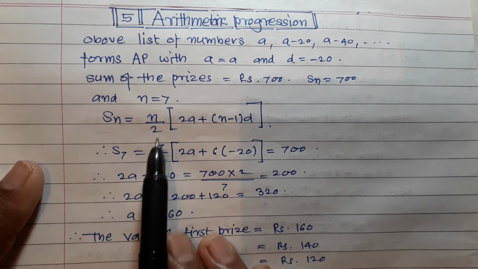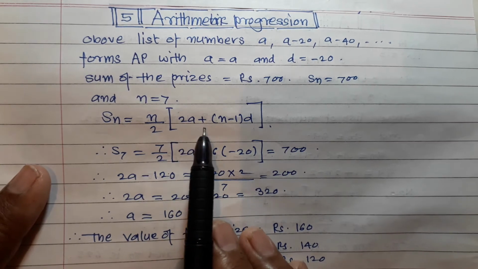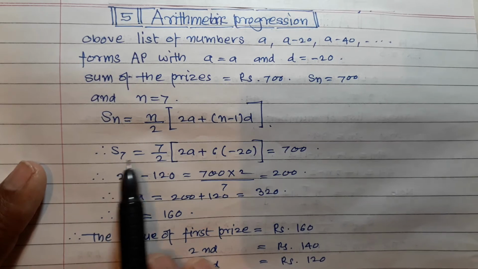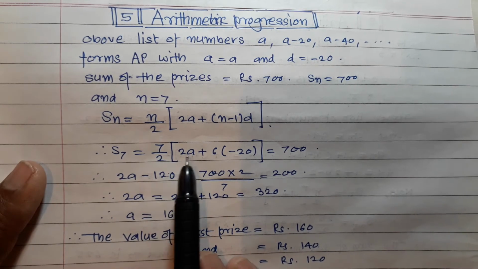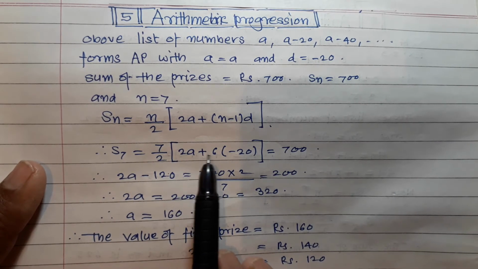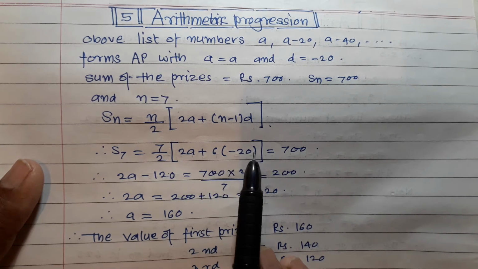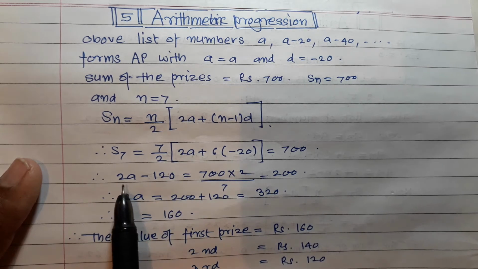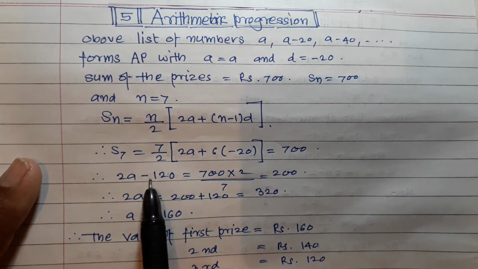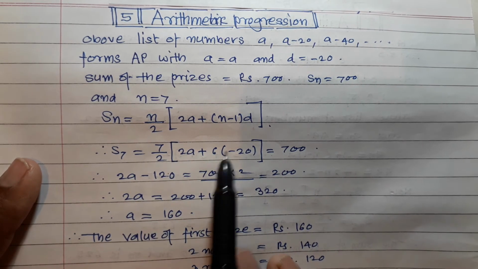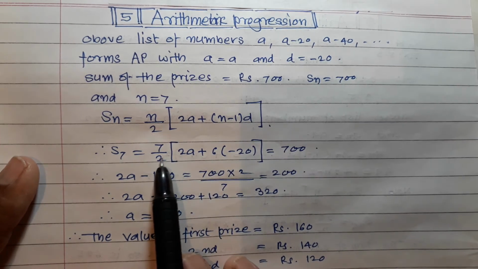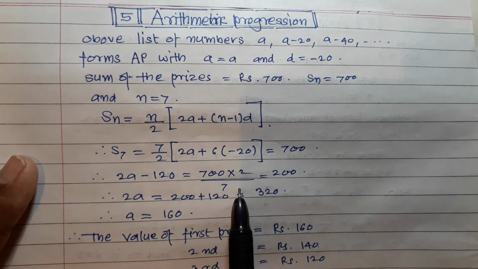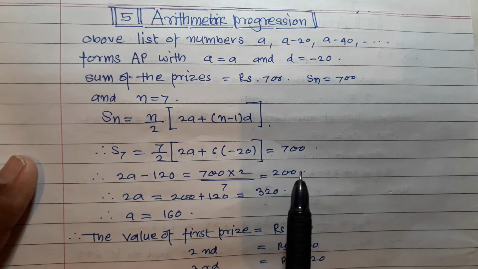Sn is equal to n upon 2 into (2a plus (n minus 1) into d), and therefore S7 is equal to 7 upon 2 into (2a plus 6 into minus 20) is equal to 700 given, and therefore 2a minus 120 is equal to, transferring this to this side, 700 into 2 upon 7, which gives you 200.